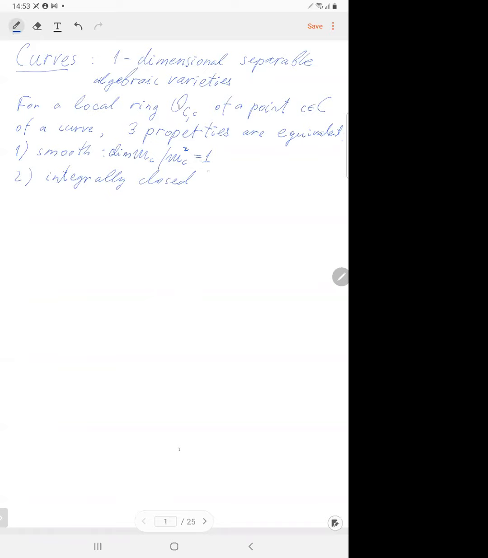So geometrically, it's called normality. And third, that it is a DVR. In particular, it implies that it's a unique factorization domain.